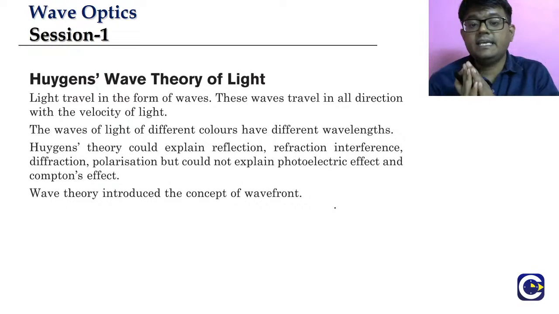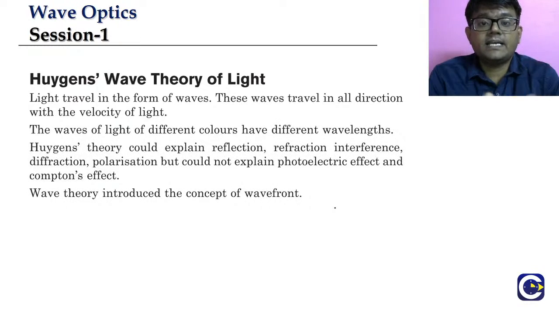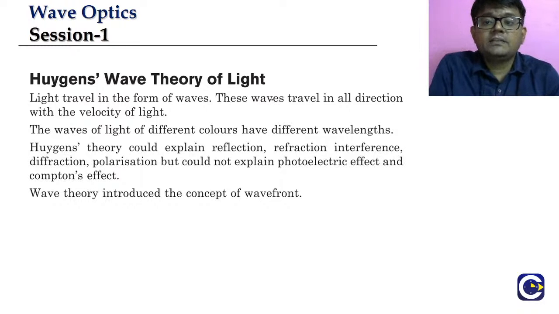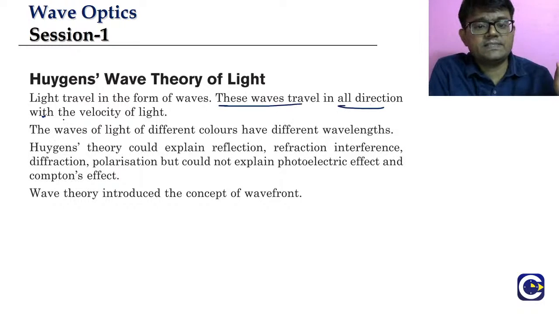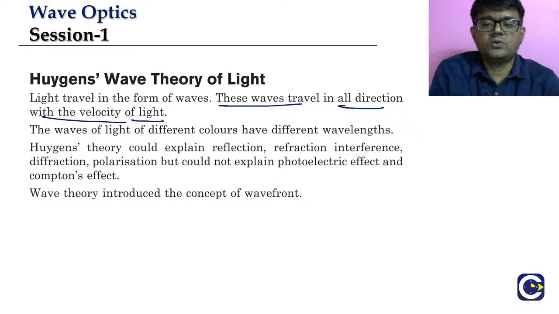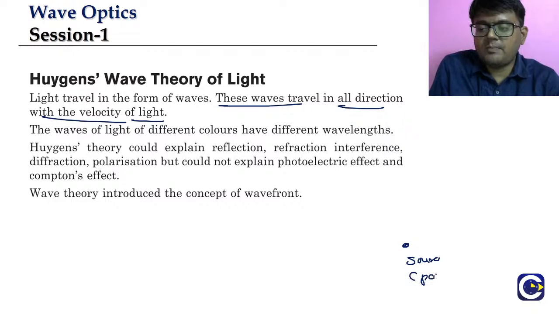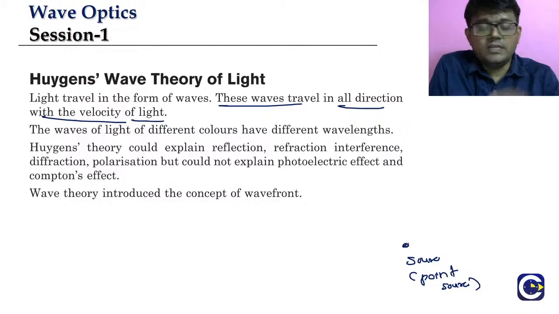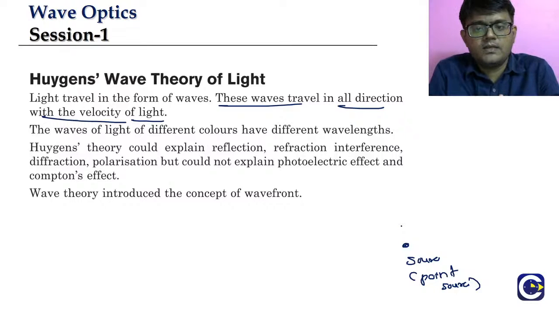So Huygens's theory proposes that light propagates in the form of waves, and these waves travel in all directions with the velocity of light. If you have a source, which we call a point source, like any object that is there, the light waves coming out of it will travel in all directions from that point source.